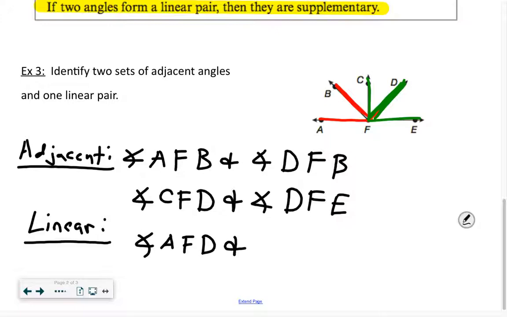Again. Sean? Are there any other angles that we could put with this one? No. Because again, linear is the more specific one. They have to add up to 180.